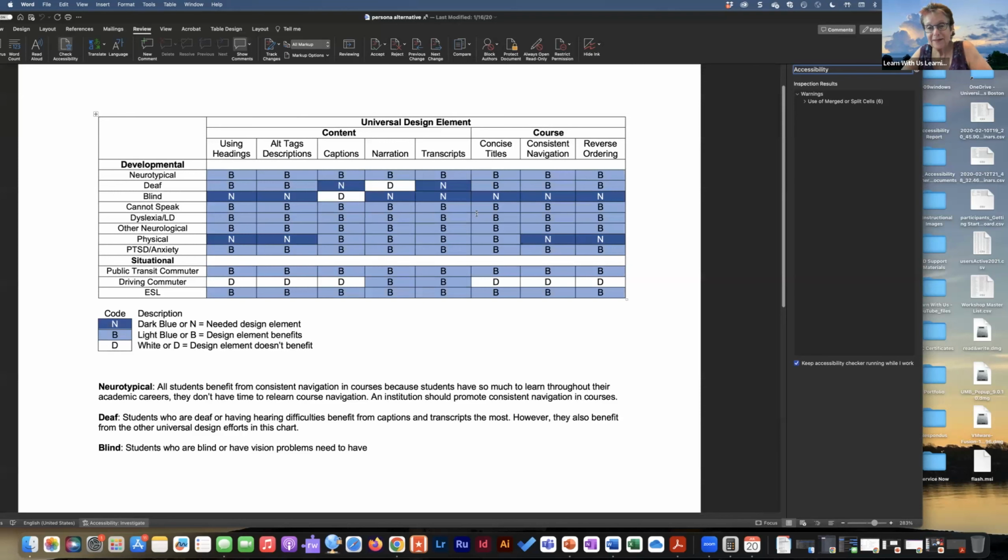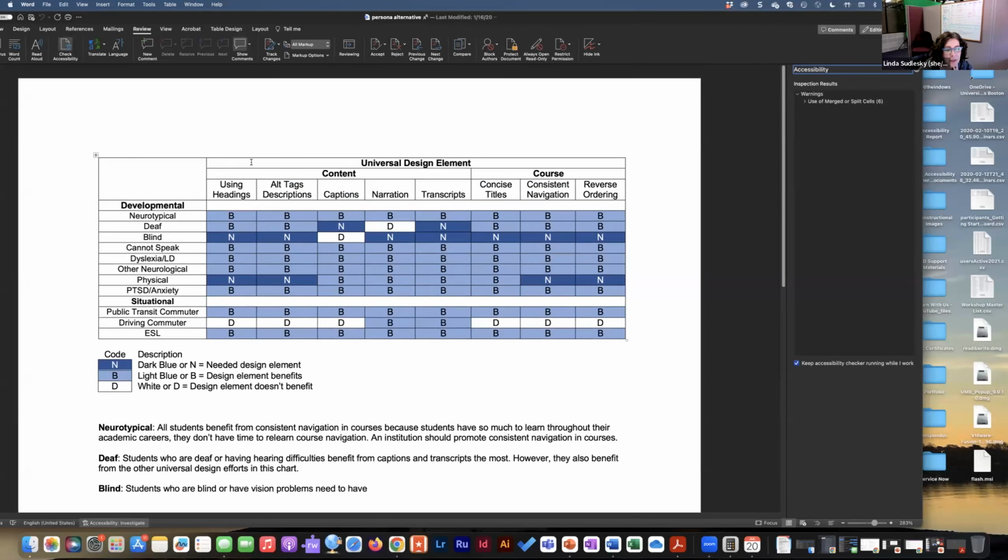That's beautiful. Okay. So the primary thing here is the chart. And the first thing my accessibility checker, over to the right here, is telling me is that I used merged or split cells, and that would be hard for a screen reader to read. That's something I should have considered when making this.